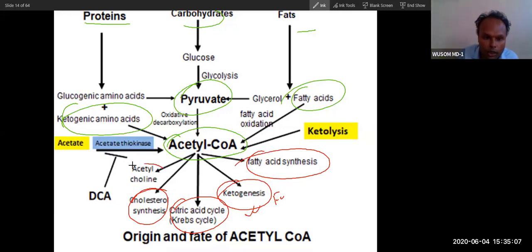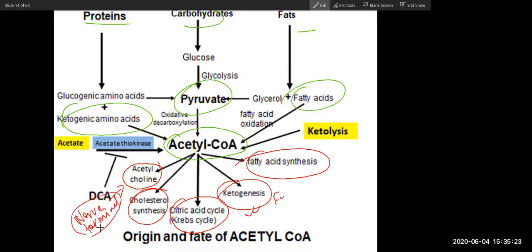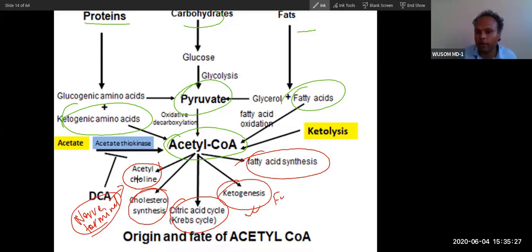So Dr. Dev must have said or will say that acetyl coenzyme A in the nerve terminal helps in the formation of the neurotransmitter acetylcholine. Have you been taught this? Yes, sir. So remember this also. This is also a fate of acetyl coenzyme A.